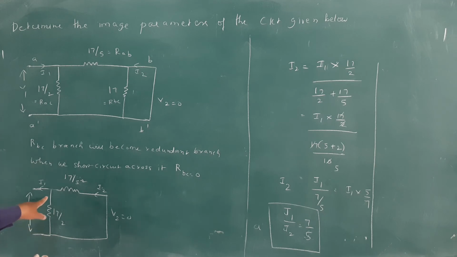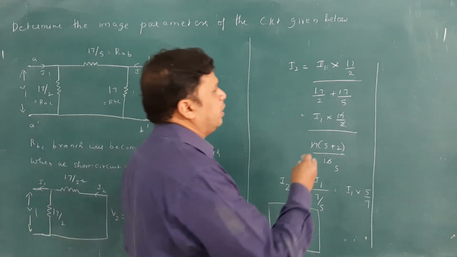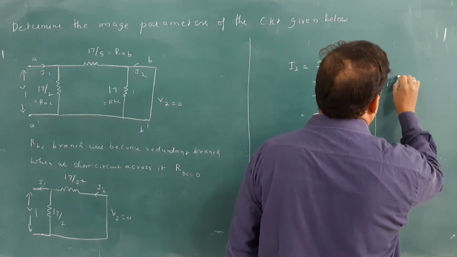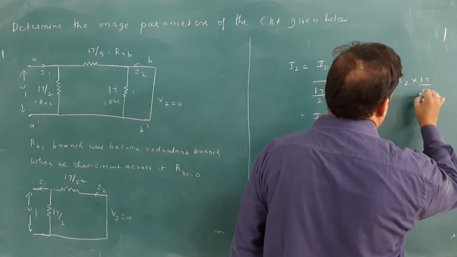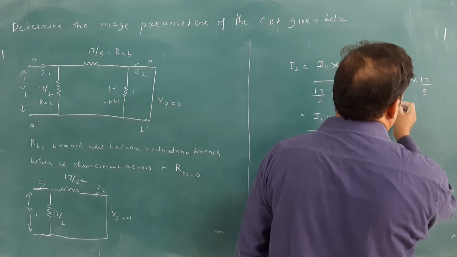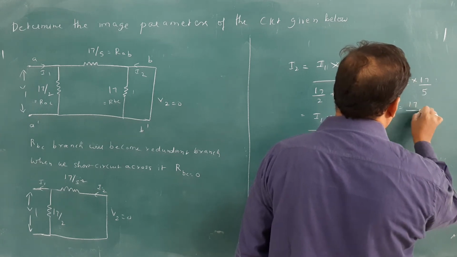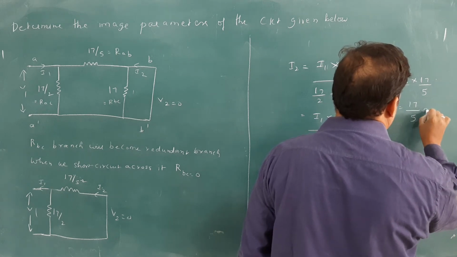These two are parallel, 17 by 2 and 17 by 5 are parallel. So the voltage will be the same across all the parallel resistors. So this voltage is similar to the voltage at 17 by 5, also at 17 by 2. So the formula we can write here is V1 is equal to I2 into 17 by 5, and V1 by I2 is equal to 17 by 5 ohms. Okay.